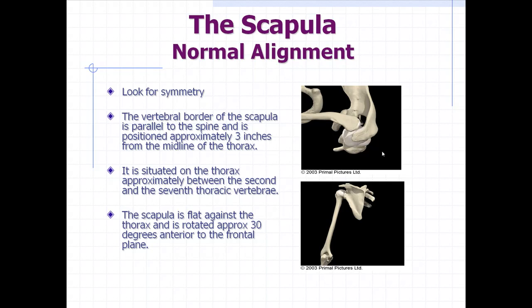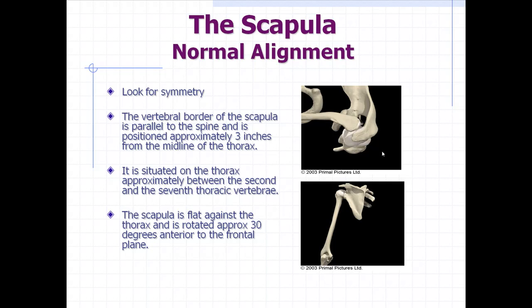When we move on to the scapula, one of the things we look for is symmetry and the relationship of the scapula with other bony structures. For example, the medial border of the scapula should be positioned approximately 3 inches away from the midline of the thorax, and it should sit fairly parallel to it.